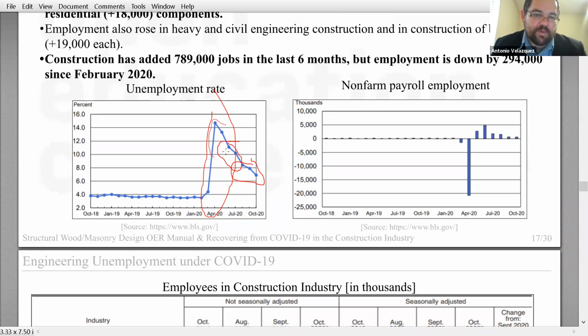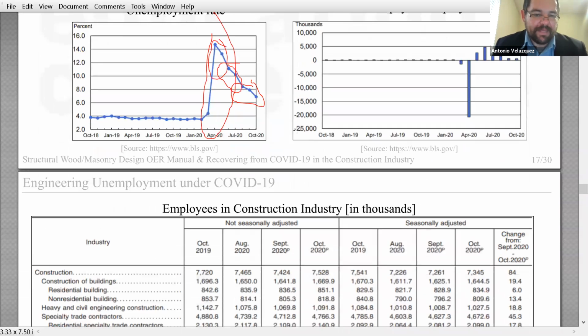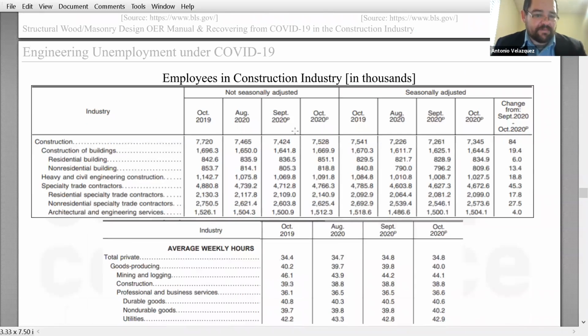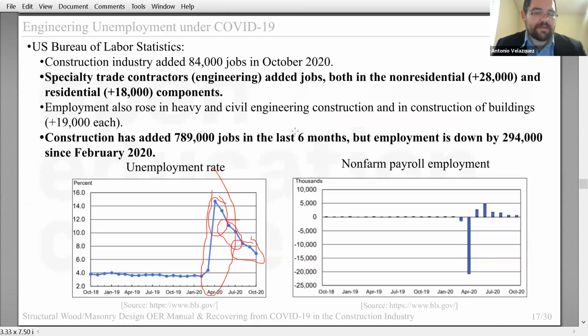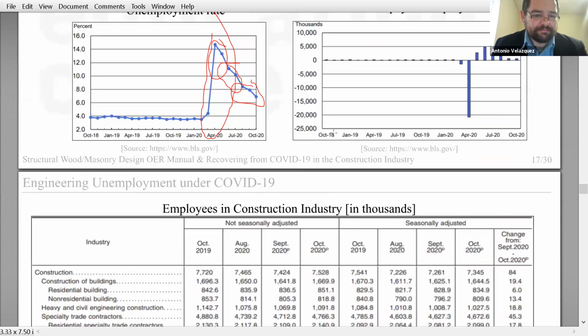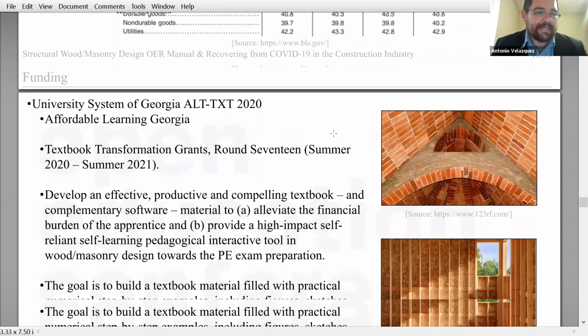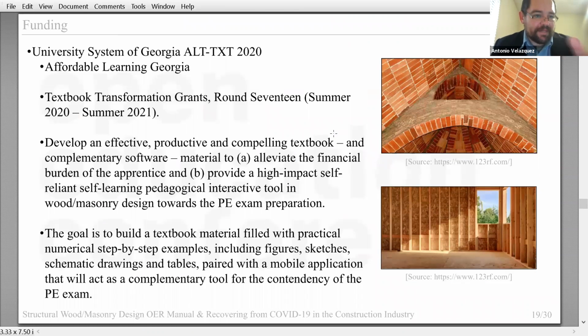It's not where we wish we were at this point in time. Some other statistics from the Bureau of Labor Statistics. I'm sorry. And this project is also funded by the University System of Georgia under the Affordable Materials 2020 grant.